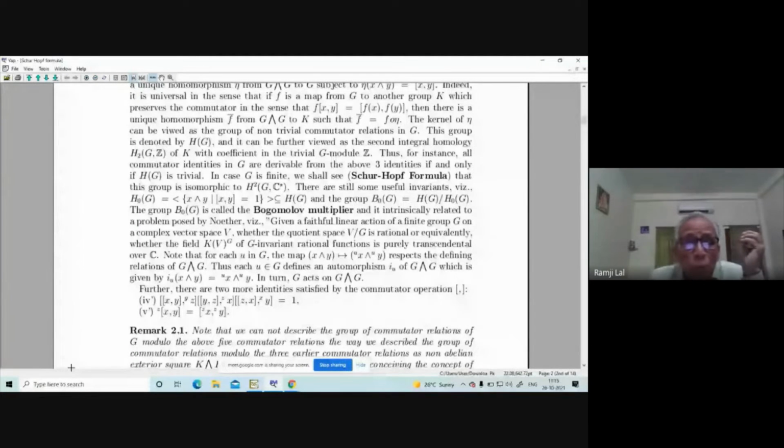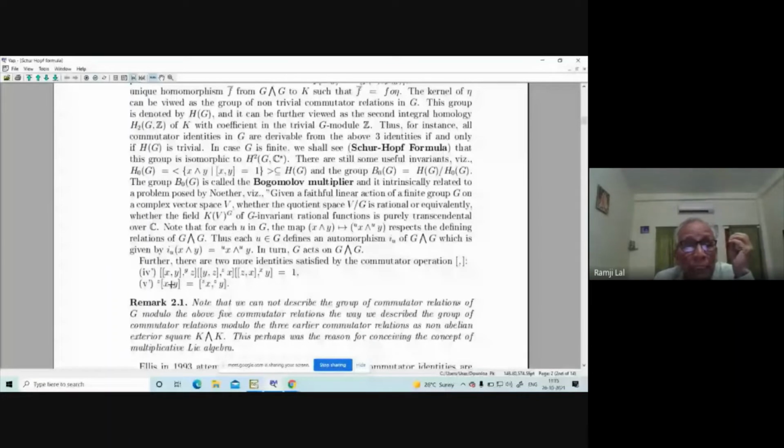Further, there are two more identities satisfied by the commutator identities, as you see here. The Jacobi-like identity: the commutator of X and Y, the commutator of Z and Y, the inner conjugation, and this is a Jacobi-like identity. If the inner conjugation is trivial, for example in an abelian group, it is just the Jacobi identity because the commutator becomes the identity.